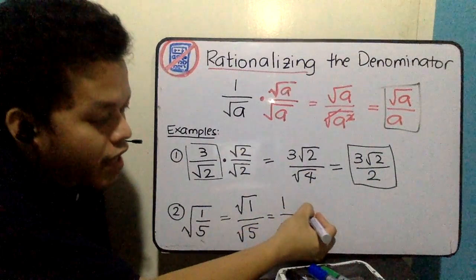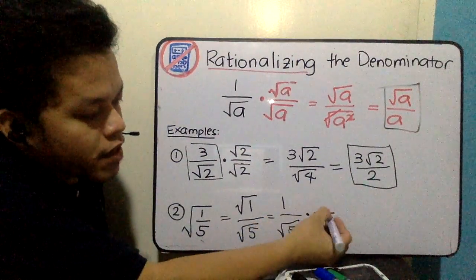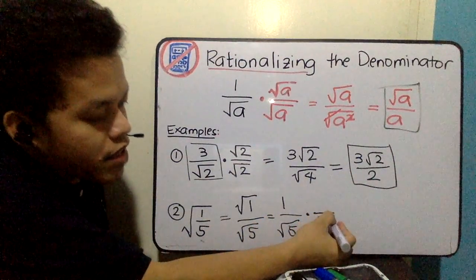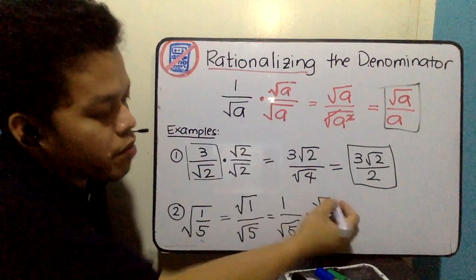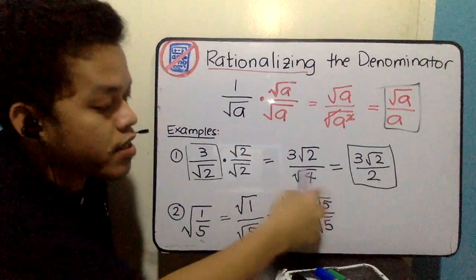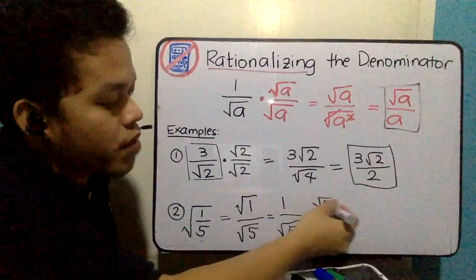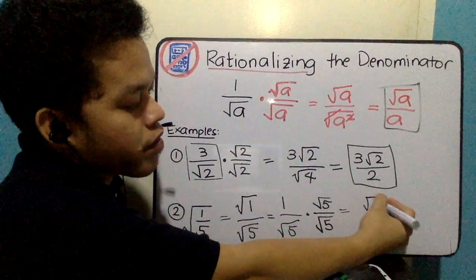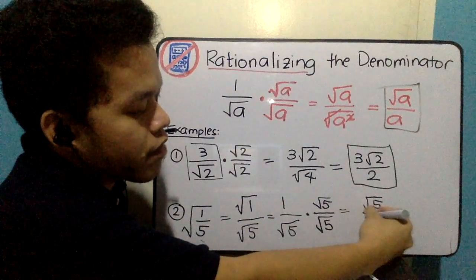And how do you rationalize? We have to find a value that can make 5 a perfect square. And in order to do that, we just have to multiply it by itself. Of course, we have to multiply by 1, and this is equivalent to 1. So that will give you 1 times square root of 5, that is equal to square root of 5 all over square root of 25.